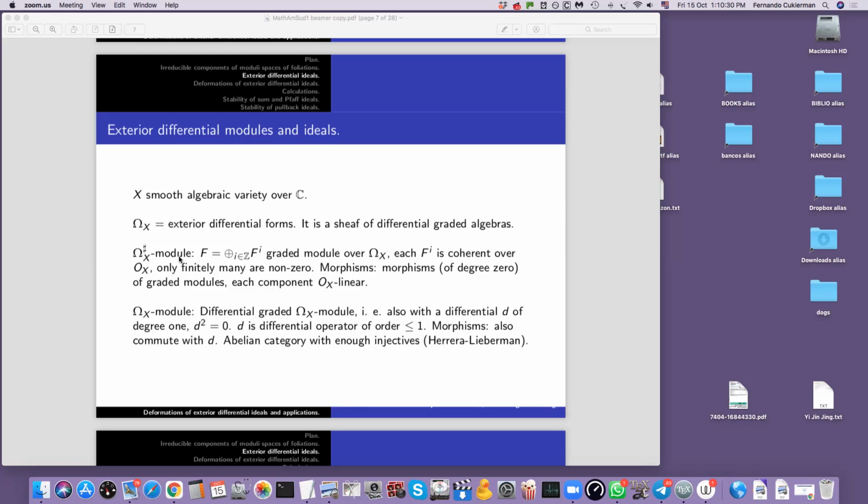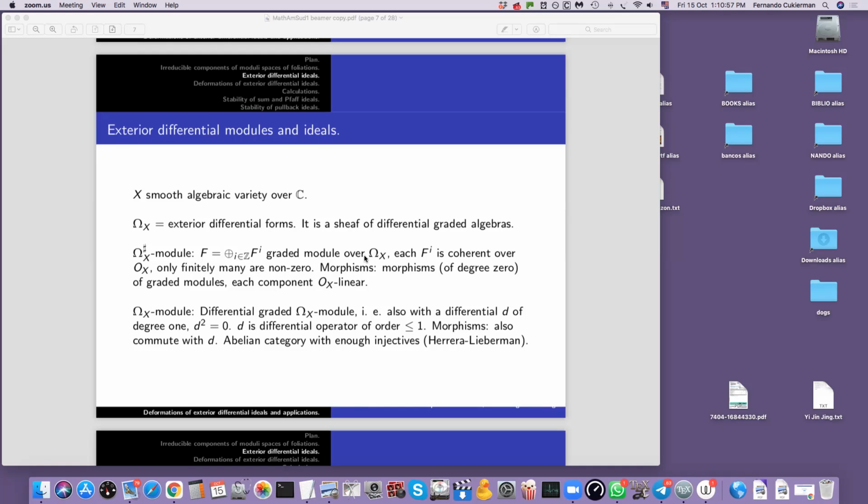An omega-sharp module, by this I will mean a graded module over the exterior algebra, where each graded component is a coherent sheaf, and this is a finite sum. Only finitely many are non-zero. Okay, but it has the structure of a module over the exterior algebra.